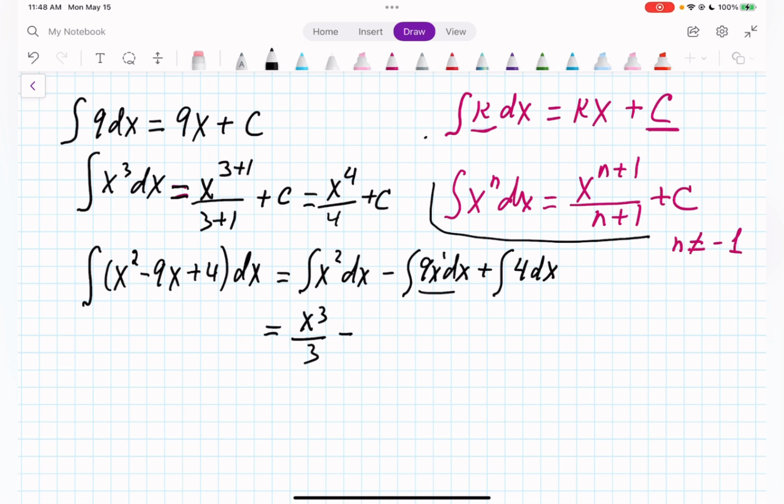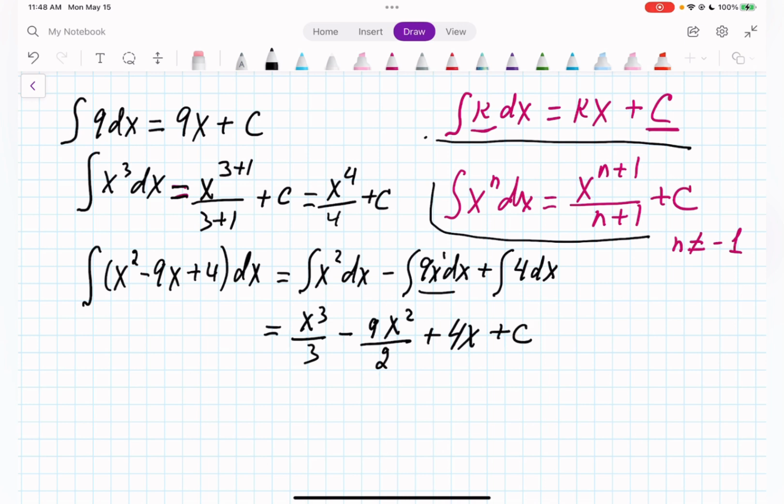I'm solving this one, so it's going to be 9x squared over 2, right? We do plus 1 and divide by 2. And here we have the integral of 4. So it's going to be, for constant k, kx plus C. So it's going to be 4x.